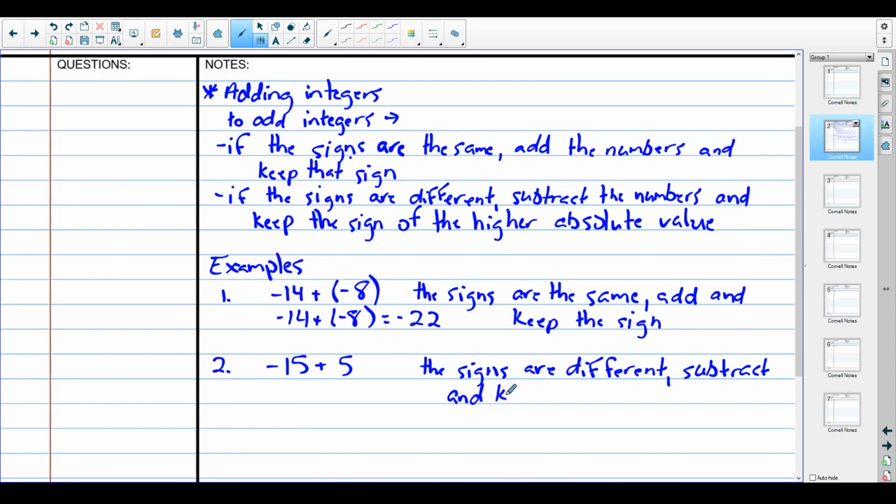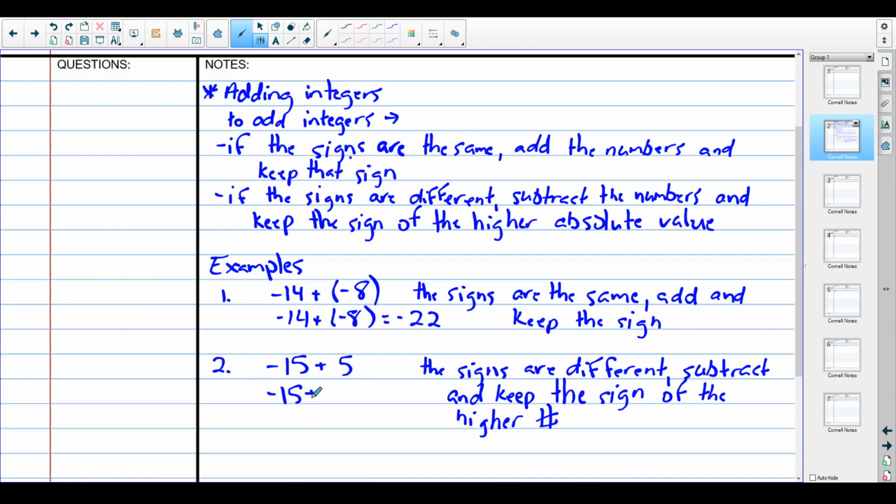and keep the sign of the higher number. Okay, so 15 minus 5, right, we're subtracting, is 10.